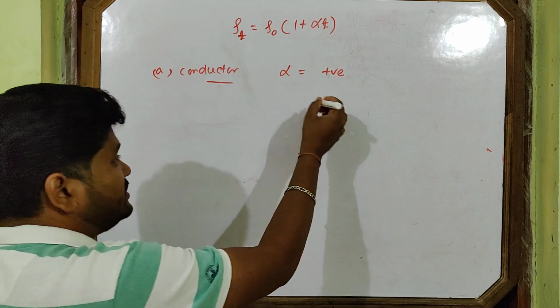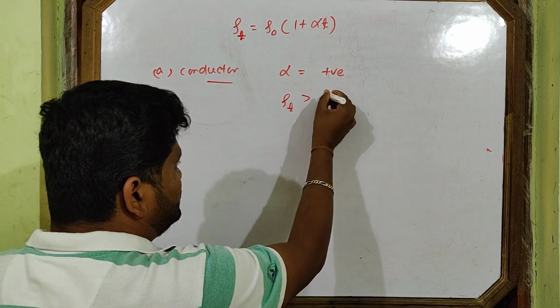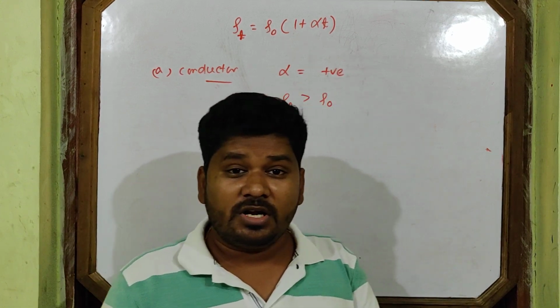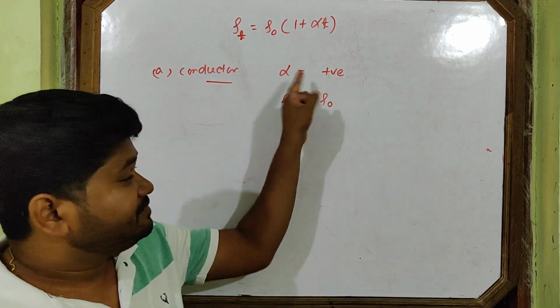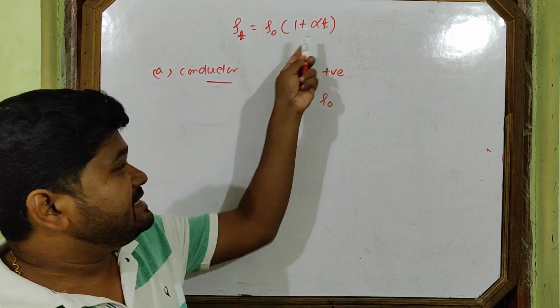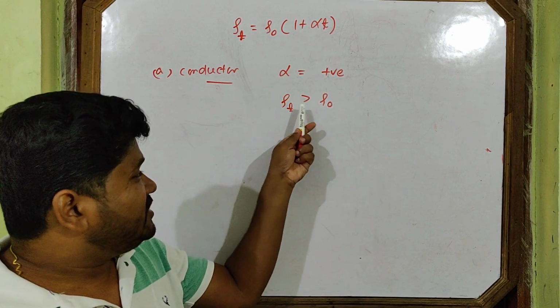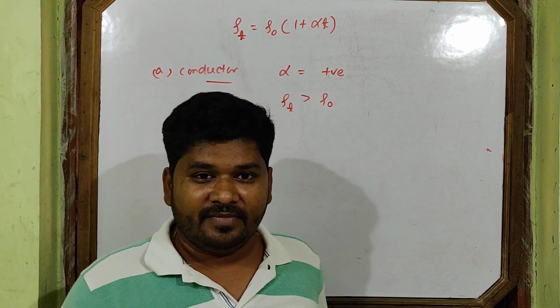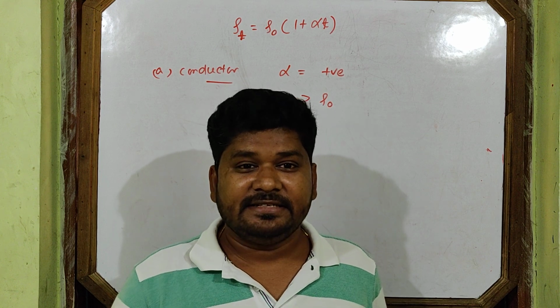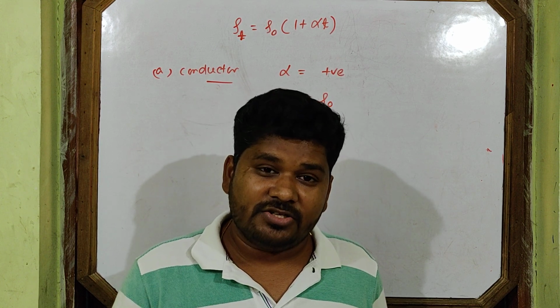It is very clear rho T will be more than rho naught if alpha is positive. So when temperature increases, resistivity also increases.